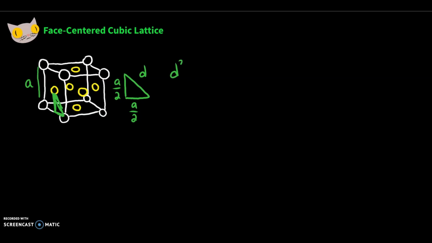So D squared is equal to A over 2 squared plus A over 2 squared.